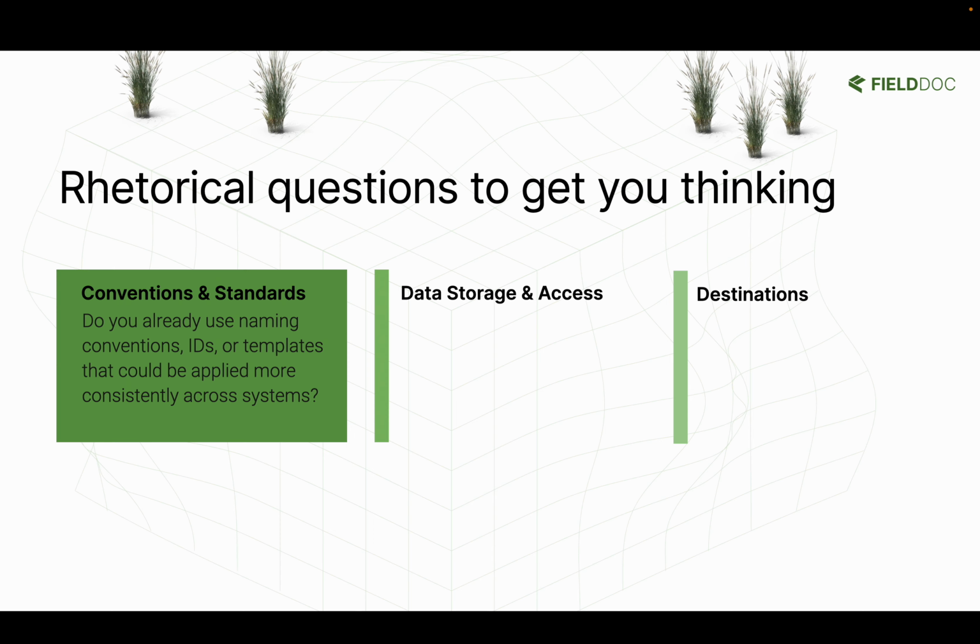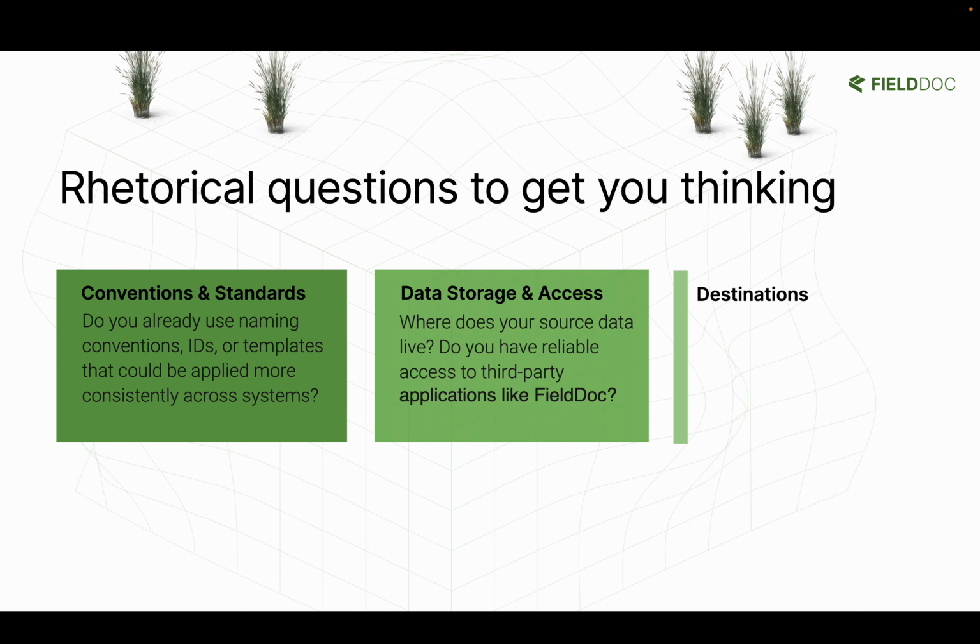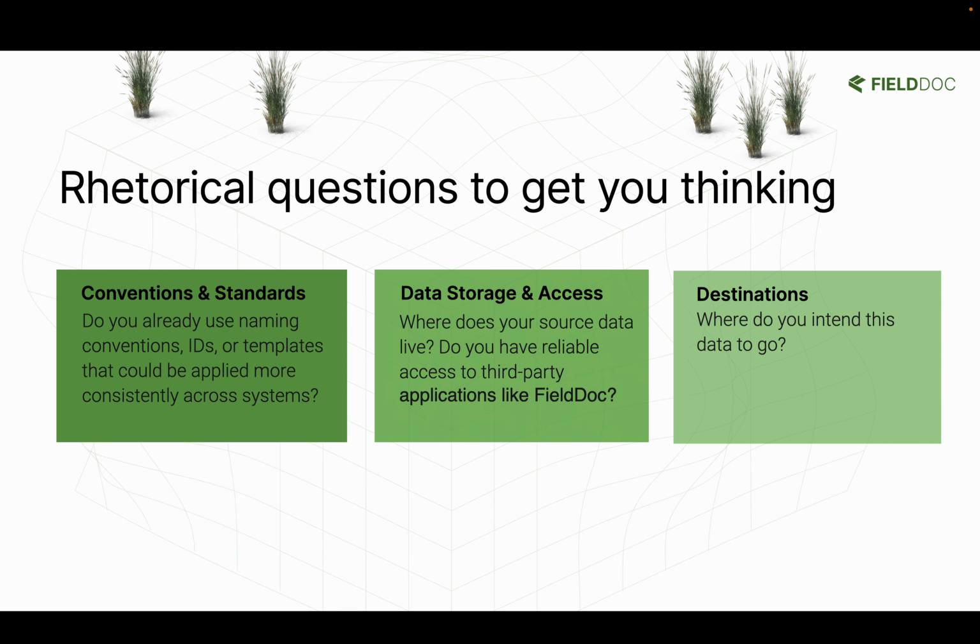Make sure it's documented. And then where does your source data live? Are you an organization that uses SharePoint or Google Drive? Are you saving everything on local drives, or do you have a network that you're able to all access? Think about that stuff. And then finally, where do you intend this data to go?